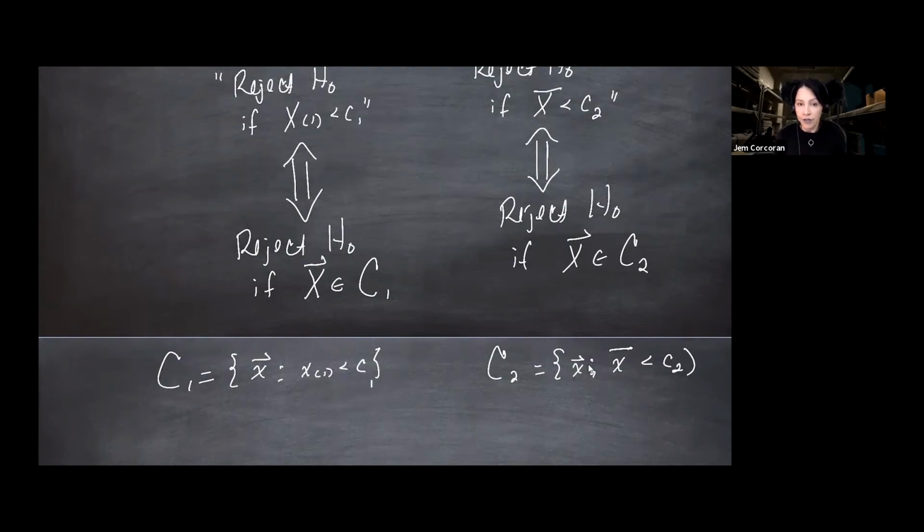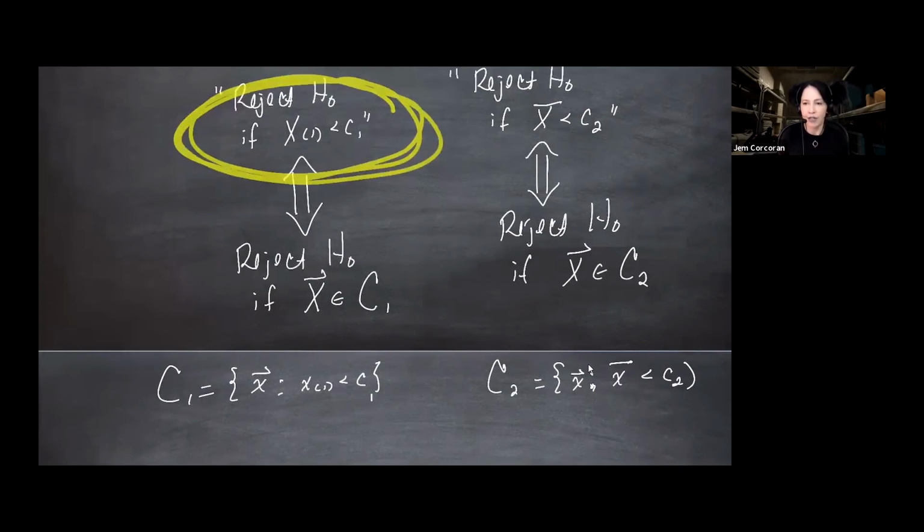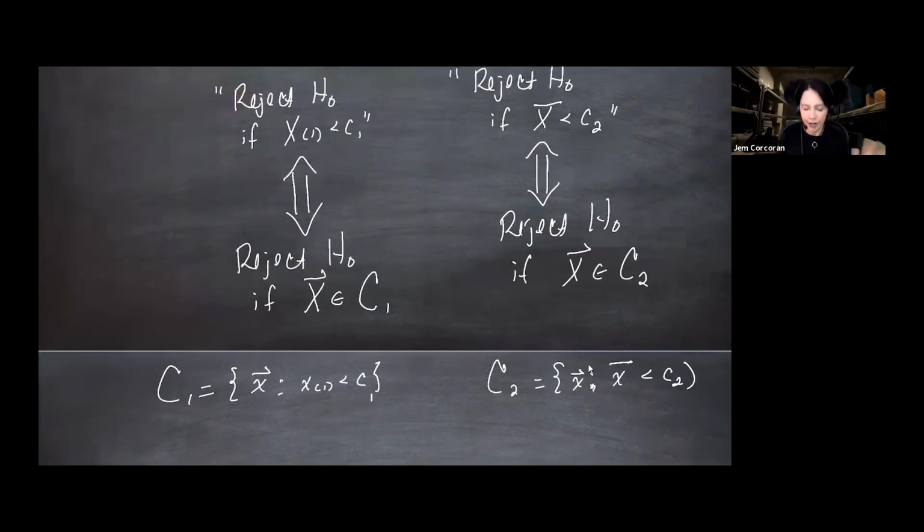So defining a test is equivalent to defining a rejection region or critical region, because you can give me this conclusion, or you can give me the critical region with the understanding that I'm going to reject whenever the vector is in the critical region.